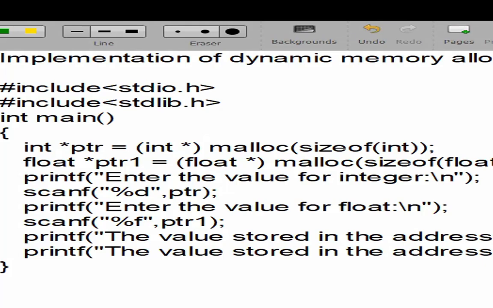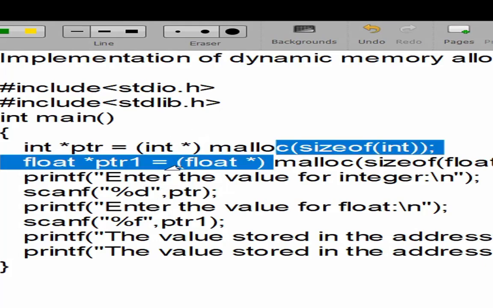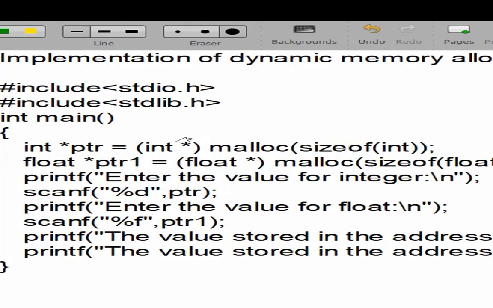Since that floating value is stored in the memory block created in this second step, and the address of that memory block is stored in ptr1, here I need to print ptr1, and in order to get the value that is stored by that malloc function, I need to use star ptr1.